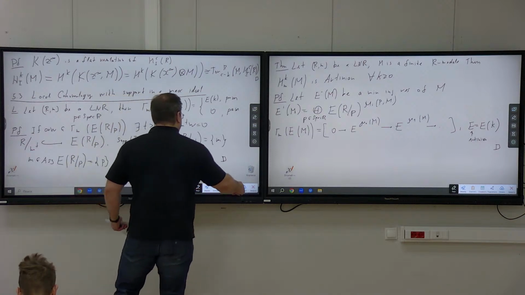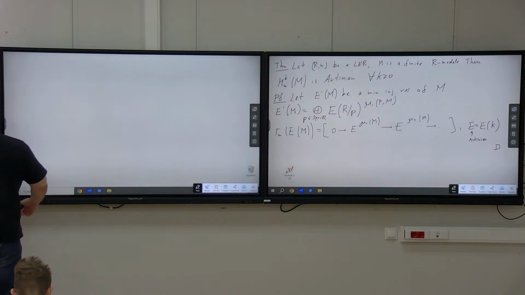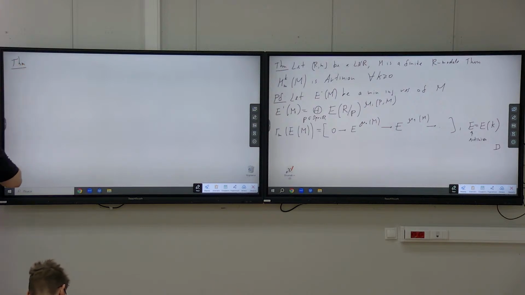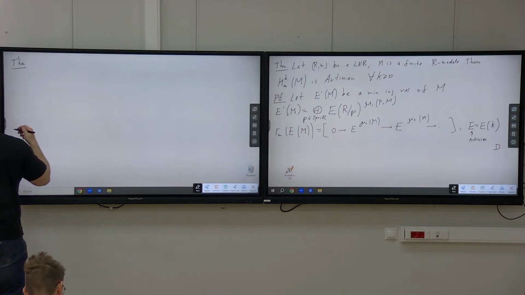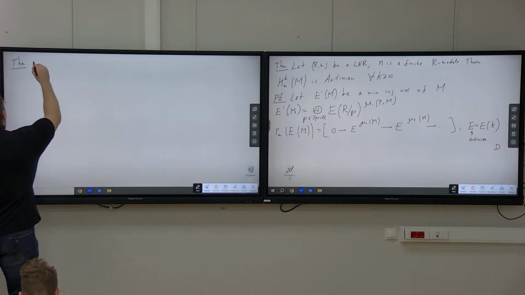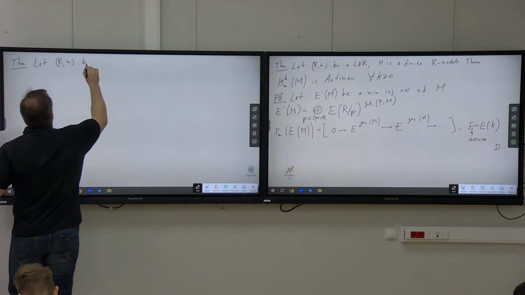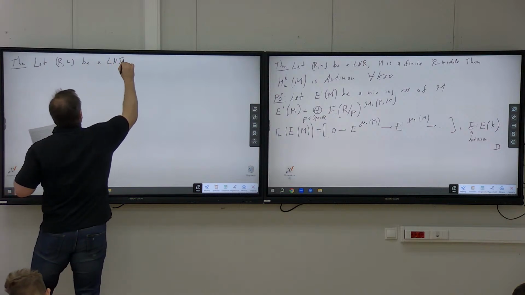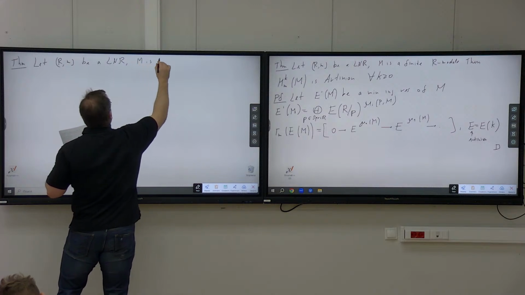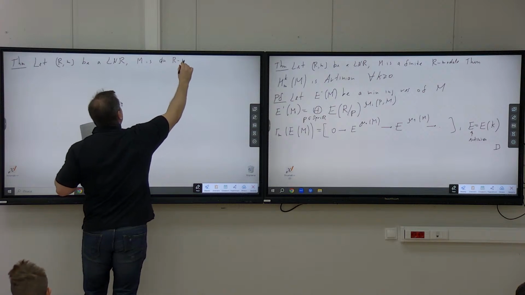Okay, now let's prove another theorem, which is not very specific, but it's still useful to know. Theorem. Let (R, m) be a local Noetherian ring. M is an R-module.